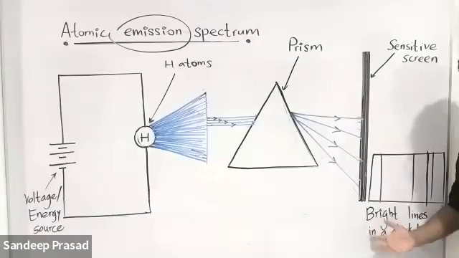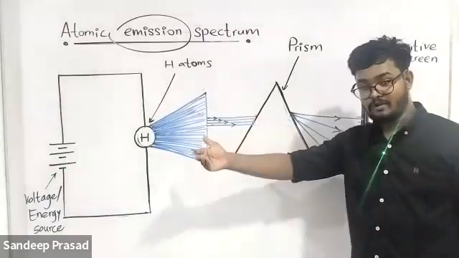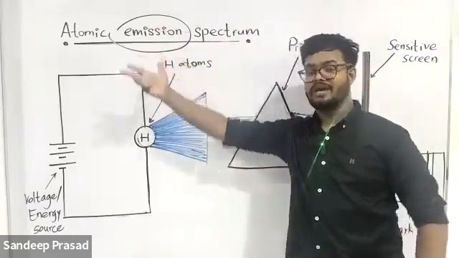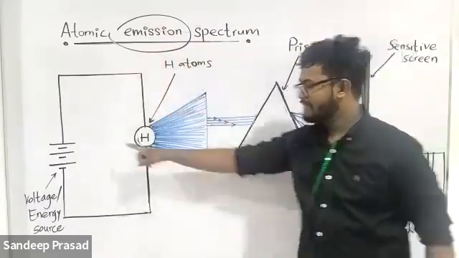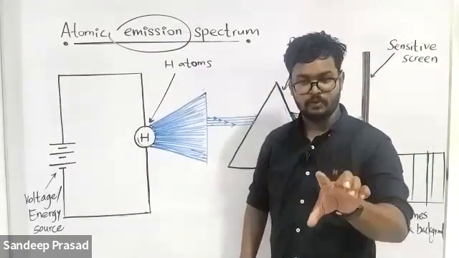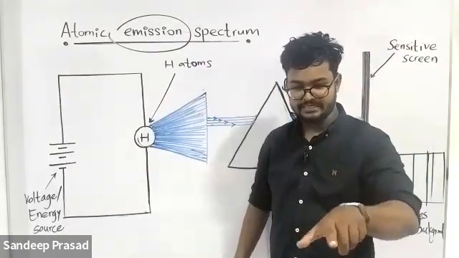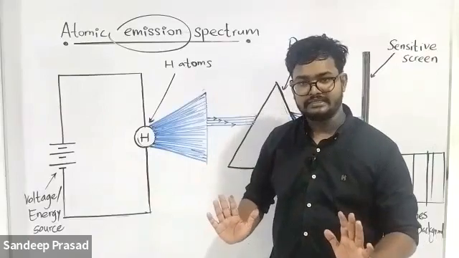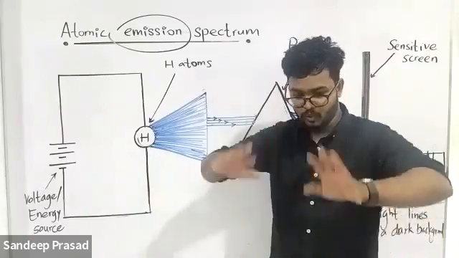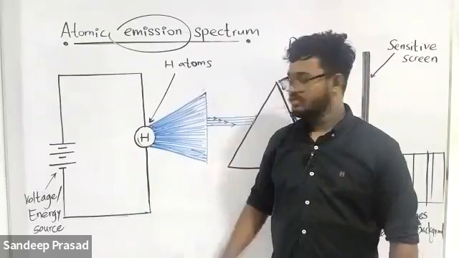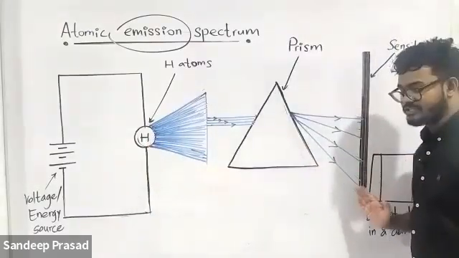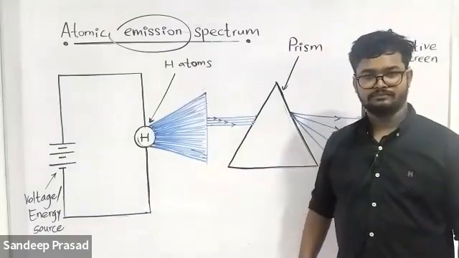What about the dark background? The dark background represents radiations already absorbed by the hydrogen. Since we are supplying a high voltage, high energy source, hydrogen is definitely absorbing the energy. All the energy is absorbed by the hydrogen, so we cannot have radiations here. Therefore the sensitive screen should be dark.